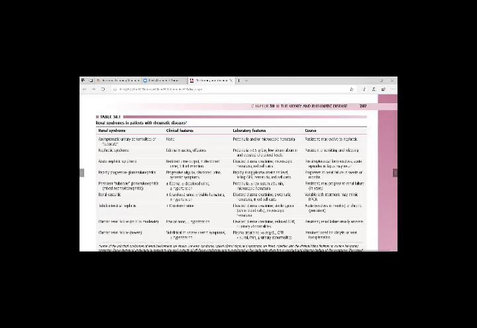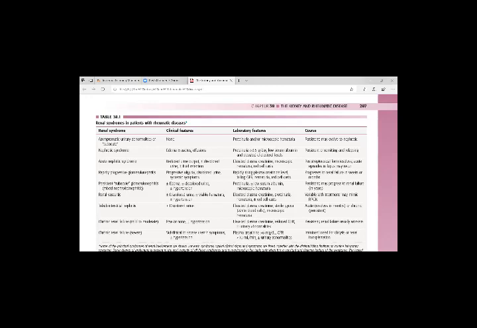Okay, so the course of kidney disease is persistent, remitting, or relapsing. Persistent means there is continuous damage. Remitting means the disease is resolving, and relapsing means the patient improved and then the disease comes back again.